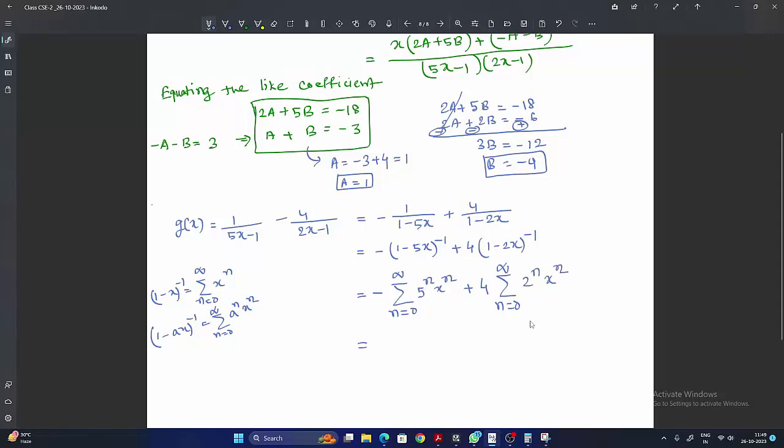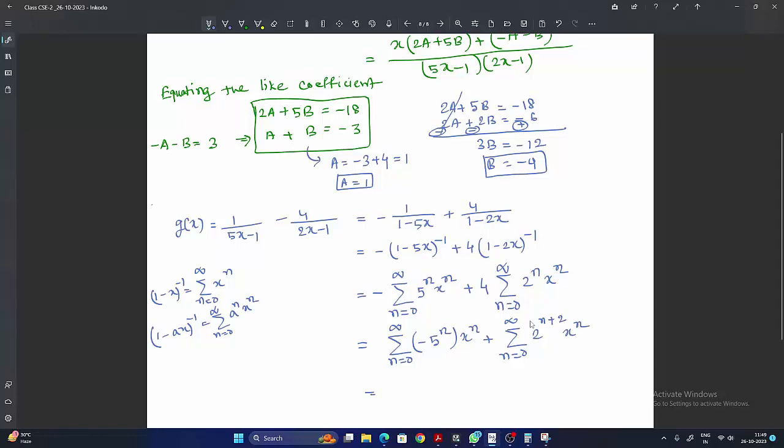Now you can take these two terms together, or take this minus also inside, so you will get the sum over n from 0 to infinity of minus 5 to the power n into x to the power n, plus the sum over n from 0 to infinity, taking this 4 inside, so 4 means 2 squared, it will be 2 to the power n plus 2 into x to the power n.